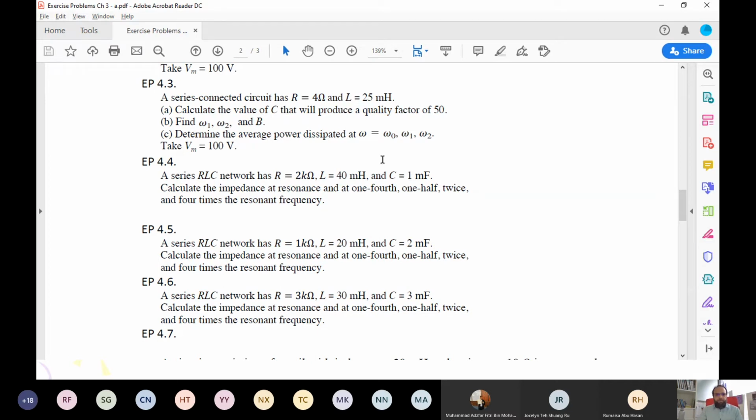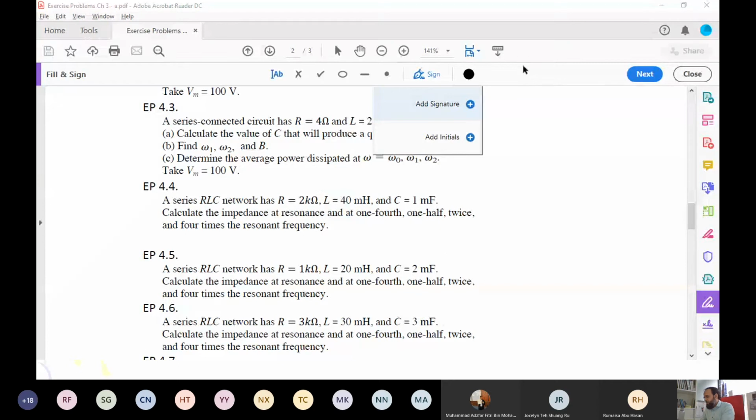I cannot use this as a highlighter. This is a pen. Oh, I have to switch to the other device.